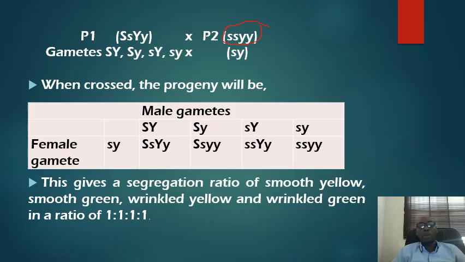And when crossed with the homozygous recessive gametes, wrinkled and green, we're going to have four possible offspring: smooth and yellow, smooth and green, wrinkled and yellow, and wrinkled and green. So it gives a segregation ratio of smooth yellow, smooth green, wrinkled yellow, wrinkled green in the ratio 1:1:1:1. That's a test cross. For test cross, it usually gives you ratio 1:1, not a 3:1 ratio. And that confirms the genotype of the unknown individual.